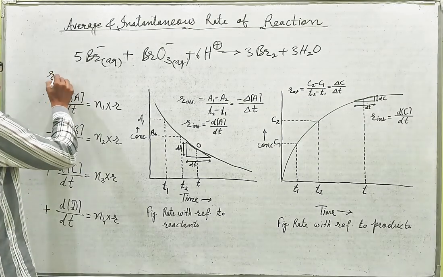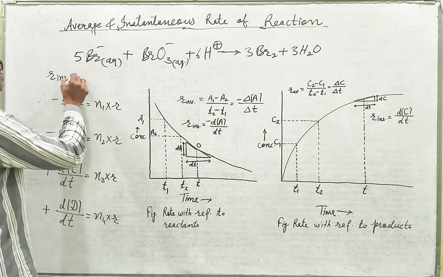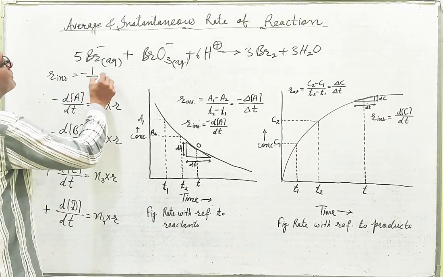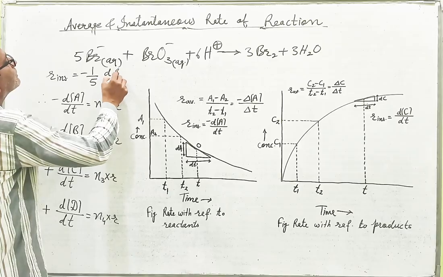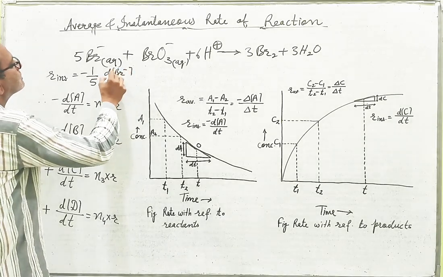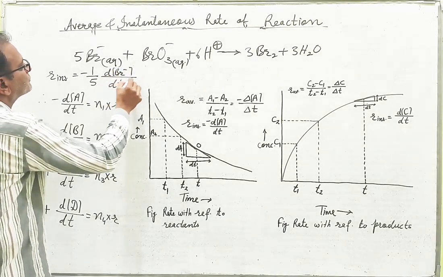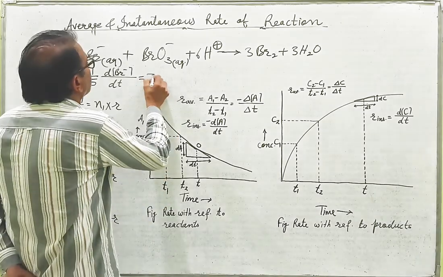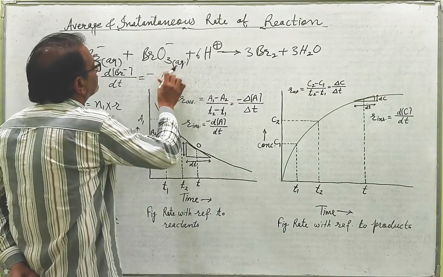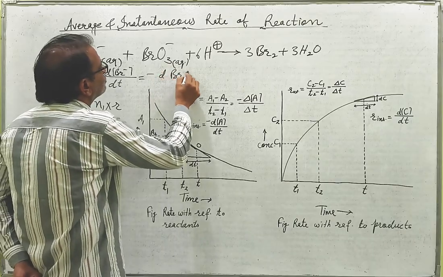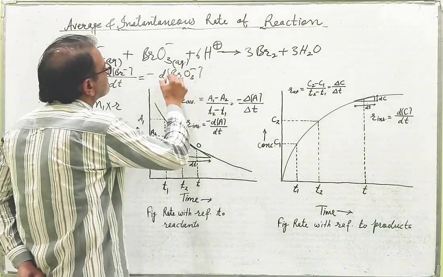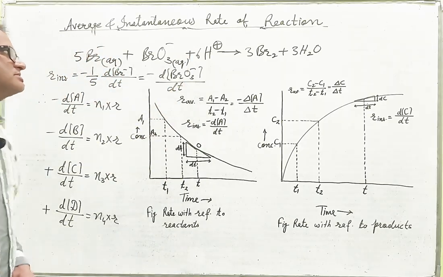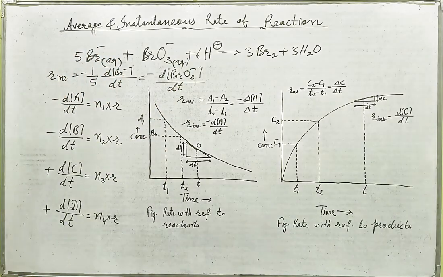The R instantaneous will be equal to minus 1 by 5 d[Br⁻] upon dt, is equal to minus d[BrO3⁻] upon dt. Okay, H⁺ is just to show the medium, so we need not take it.